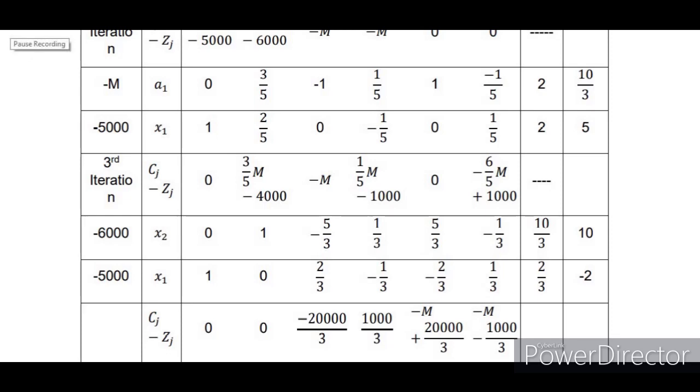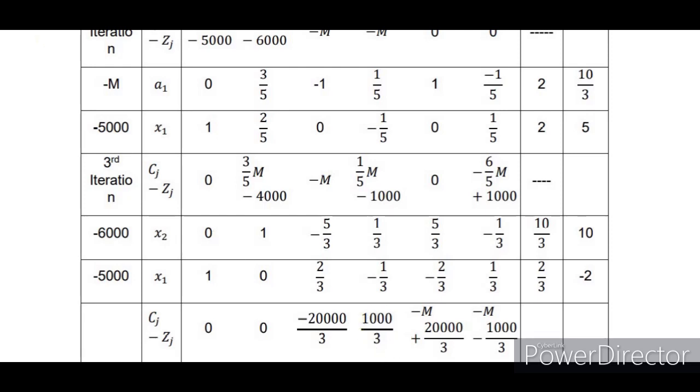We will subtract it from the numerical coefficient of x sub 4, which is 0. So 0 minus negative 1,000 over 3 is positive 1,000 over 3. That's why it is positive 1,000 over 3 here.